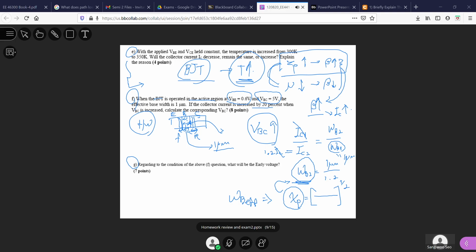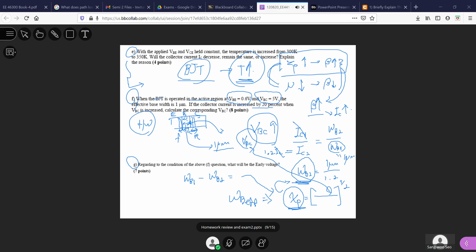So you can see initially the base width, and this is a change of your XP. Then from here you can calculate the required VBC. So that is the first question in here.